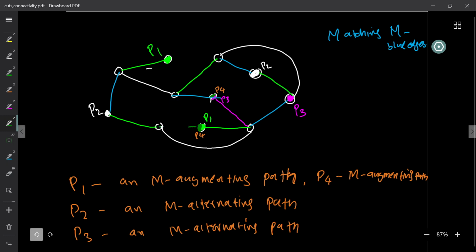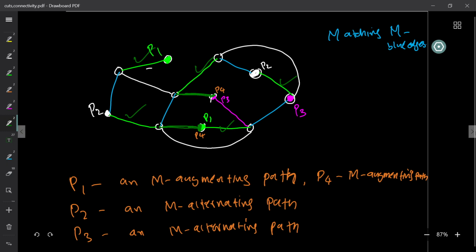But instead of this, we could also have taken, for example, the augmenting path P1, and we could do the same thing here. It will not change the size by more than one, because one augmenting path will only change it by one. So instead, I could have taken this and picked up these edges for the matching, and removed the blue edges in the path, and you will end up with another matching of exactly one additional edge.